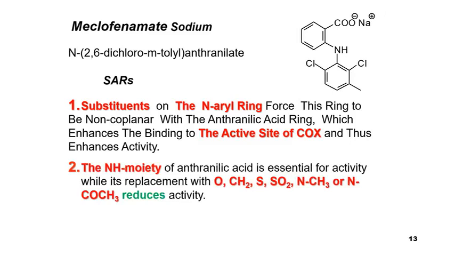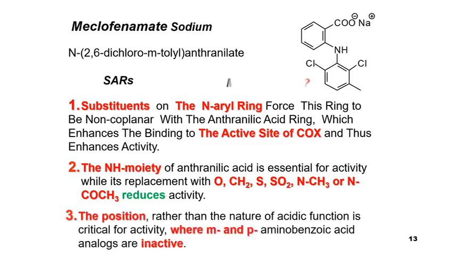Switching the NH to other substituents like oxygen, CH2, sulfur, SO2, etc. reduces the activity. Please pay attention that if the carboxylate is away from the N, it is no more anthranilate and the activity will be lost.